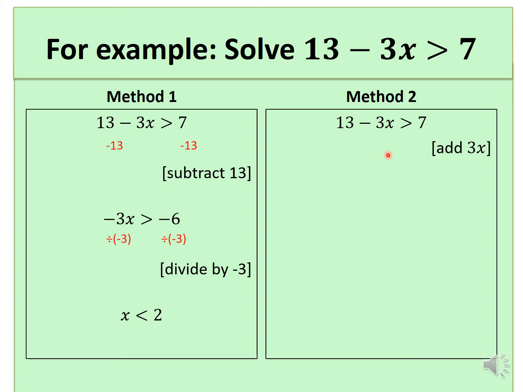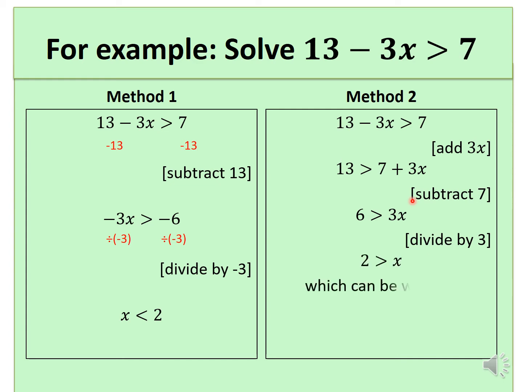So we will have 13 only, greater than 7 plus 3x. Then we subtract 7 from both sides. We get 6 greater than 3x. And then we divide by 3. Remember, because we only divide by 3, which is not a negative number, the greater sign does not flip. It only flips if you divide it by a negative number. But as you can see, 3 is not negative, so it doesn't flip. And this is our answer.